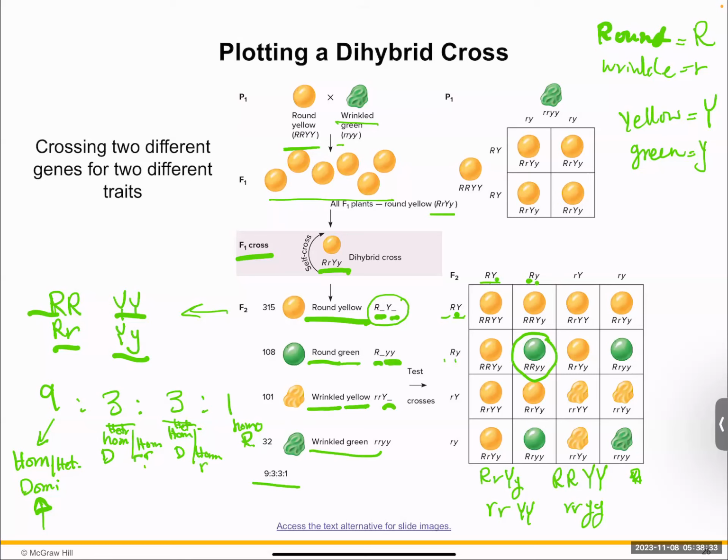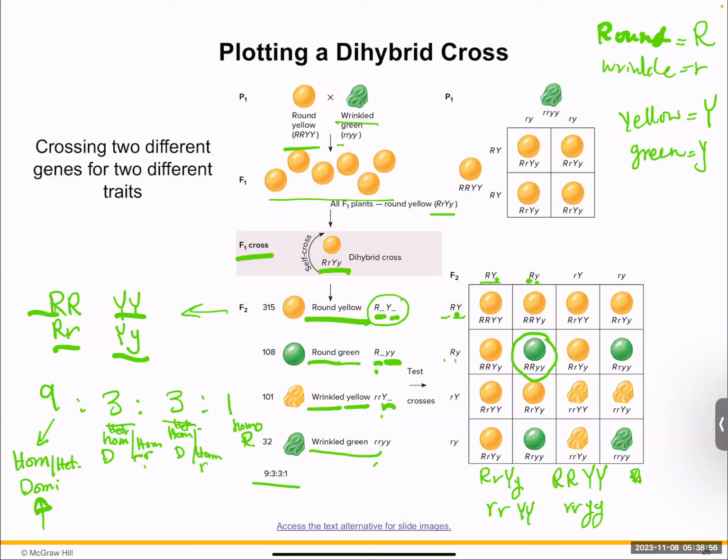And for the second characteristic, it could be either homozygous dominant or heterozygous dominant, which are these 2 examples that I have here. And the last example, which is the rarest of them, is having all recessive alleles, which means they represent the recessive phenotype for both characteristics.